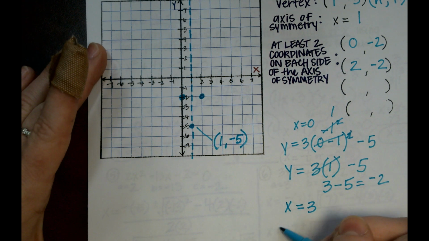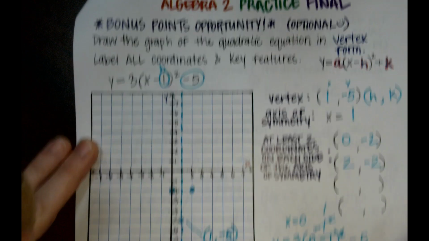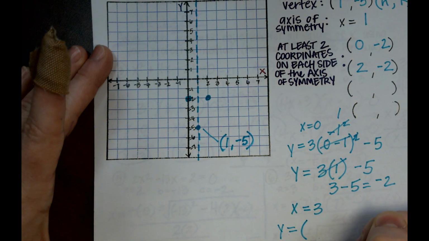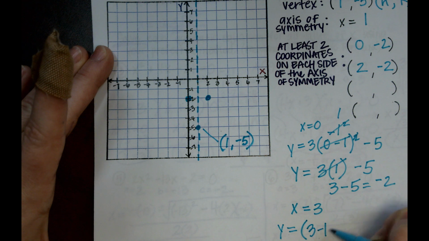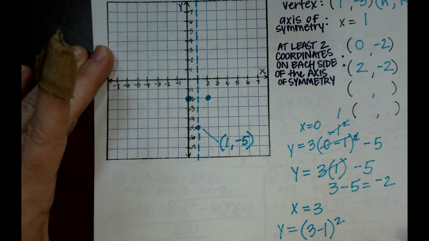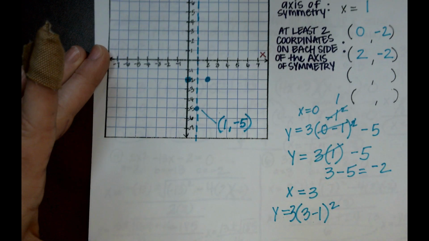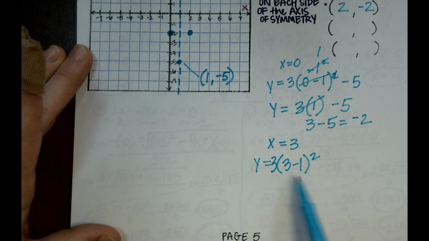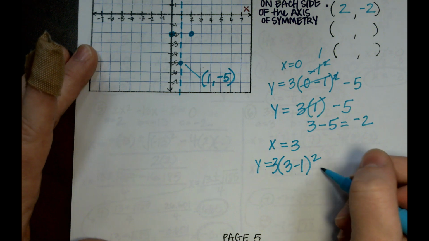So this time it'll be y equals, and I'm just taking this original equation, y equals 3 times x minus 1 squared minus 5. Oh, I almost left out my 3 times outside of there. My bad, guys. Y equals 3 times 3 minus 1 squared minus 5.